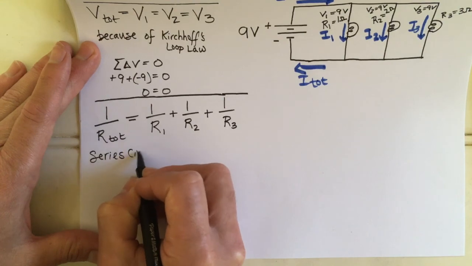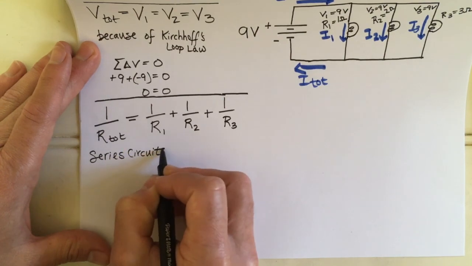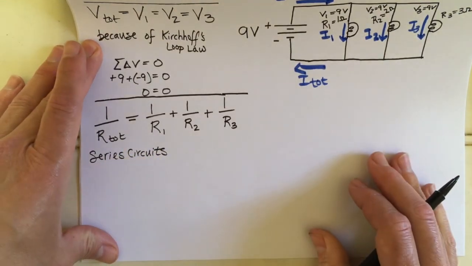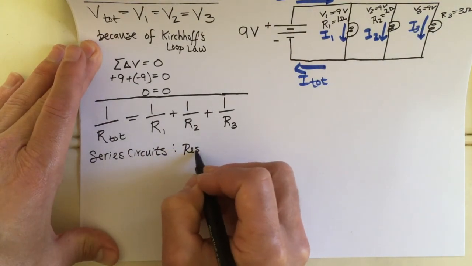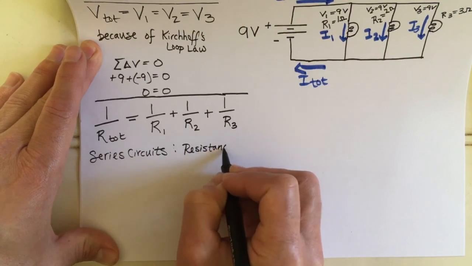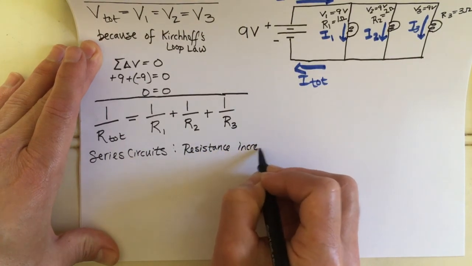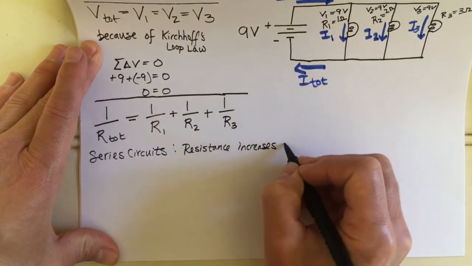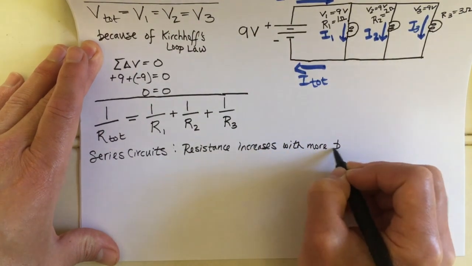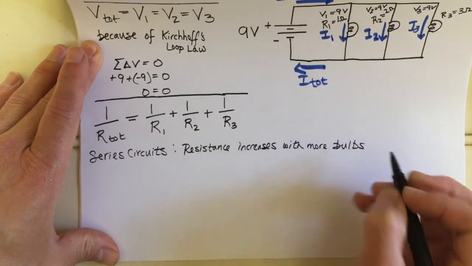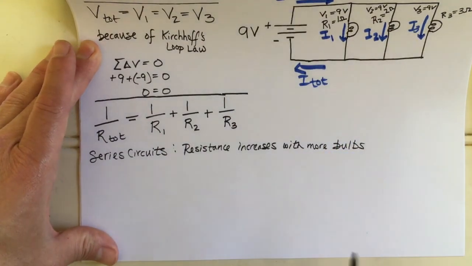In series circuits, resistance increases with more bulbs. All right, that made sense, right? Based on last time's formula.